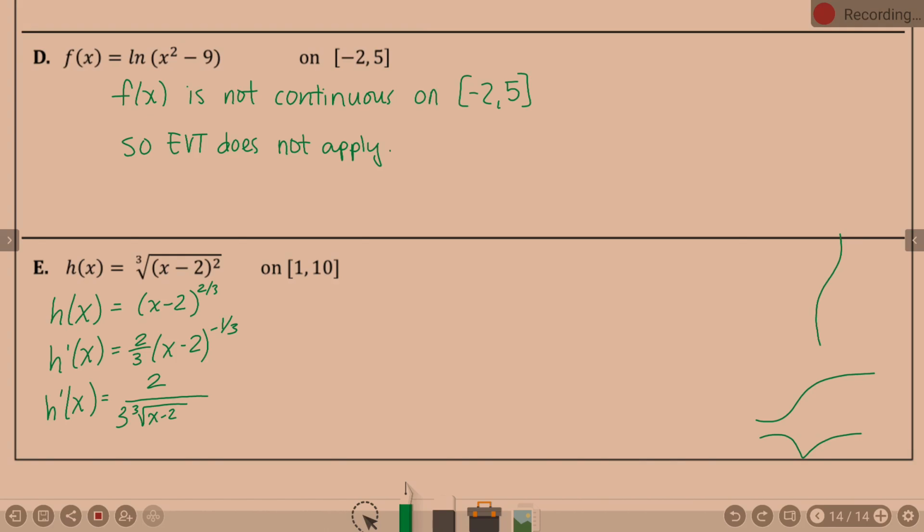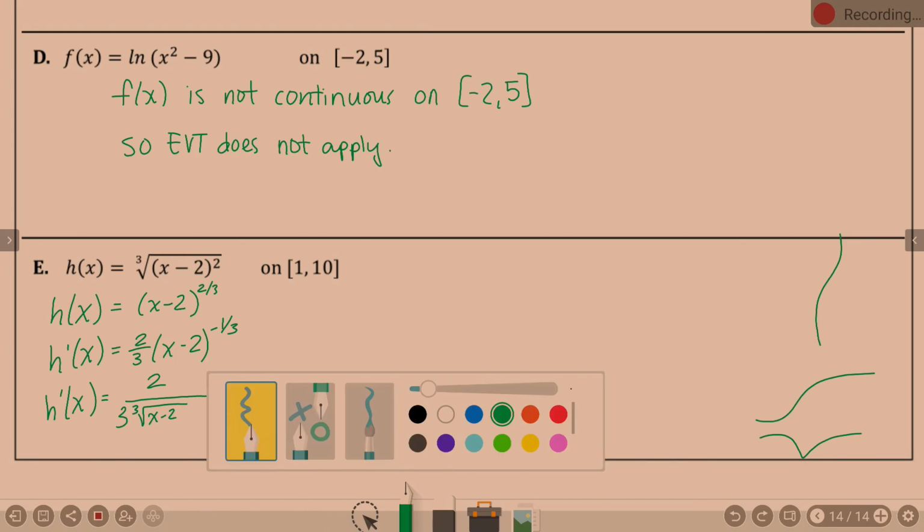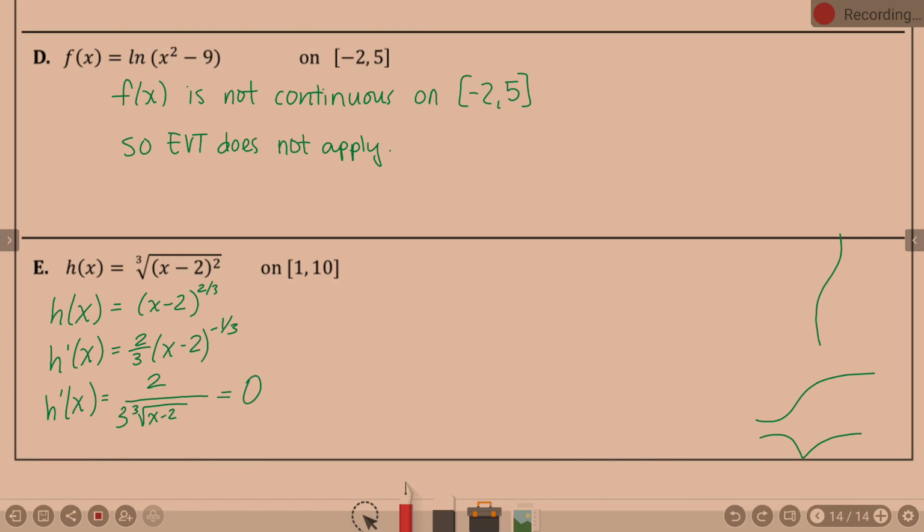Now, when does this equal 0? When does a fraction equal 0? Not when the denominator equals 0, but when the numerator equals 0. Can this fraction ever equal 0? No. So this fraction will never equal 0.